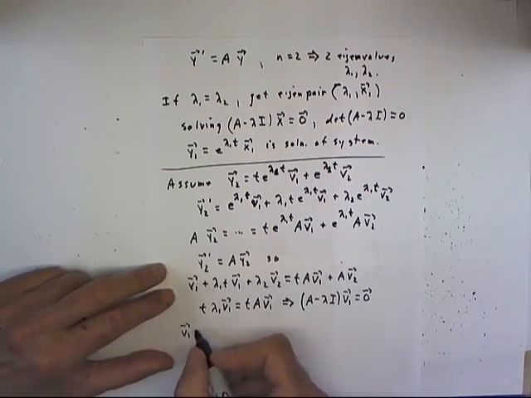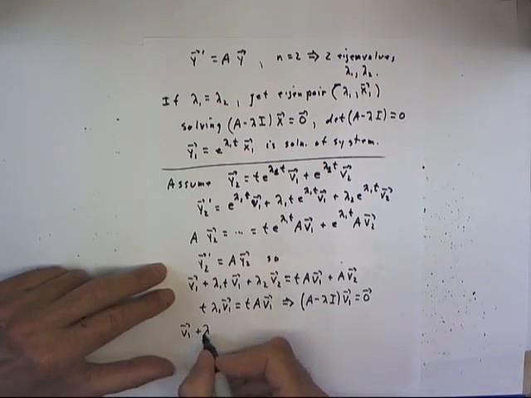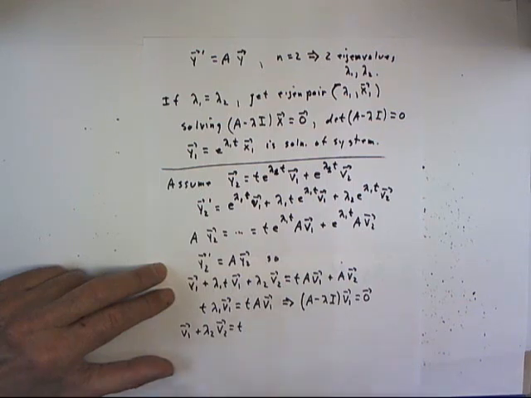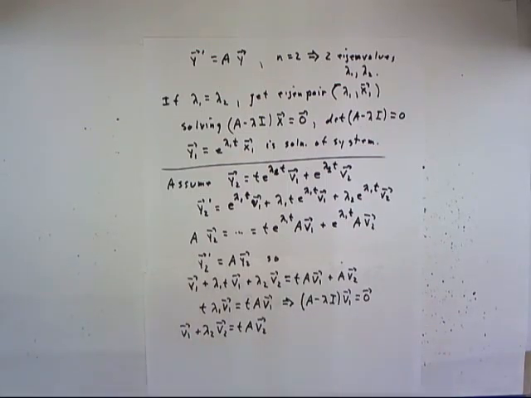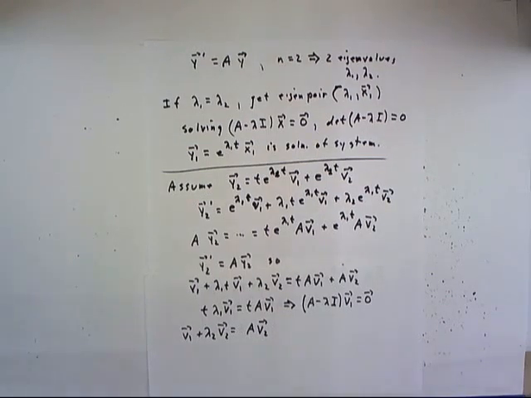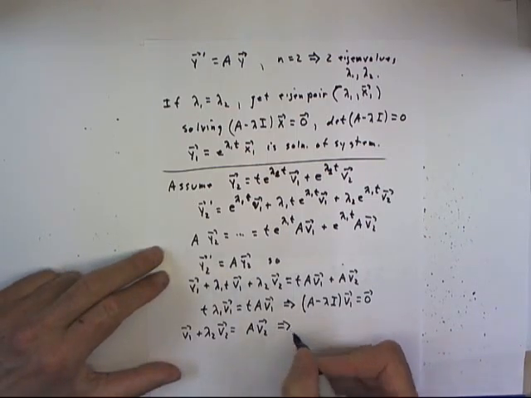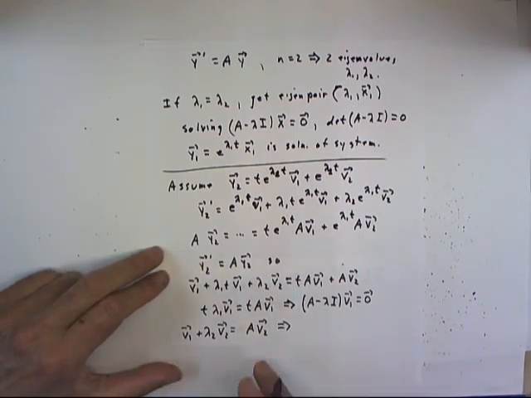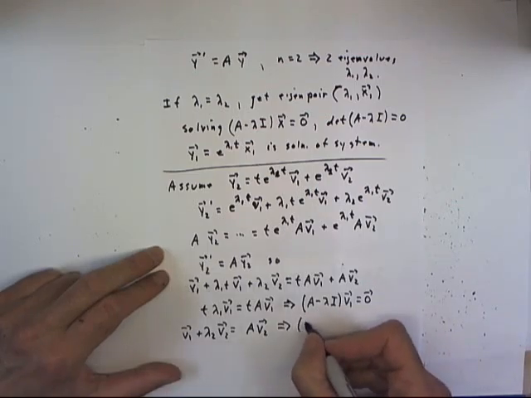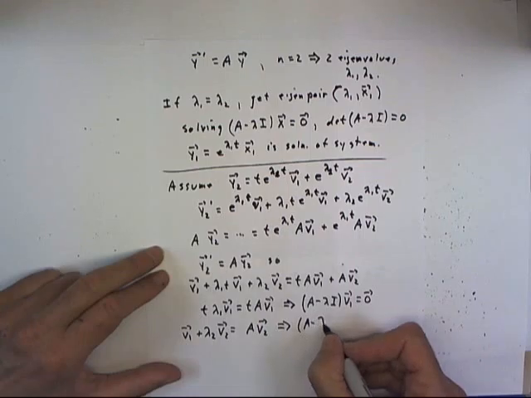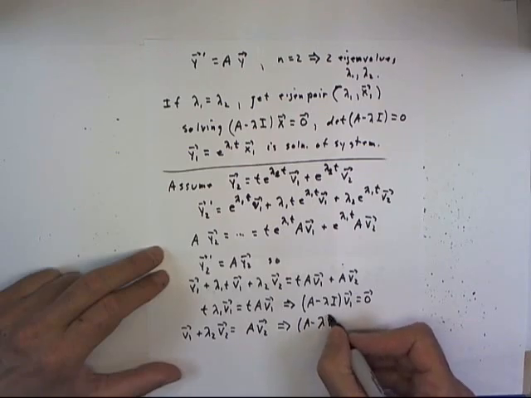And then what's left without the coefficient t is, in the order it appears, v1 plus lambda 1 v2 equals A v2. This equation rearranges, bringing the v2 terms onto one side.